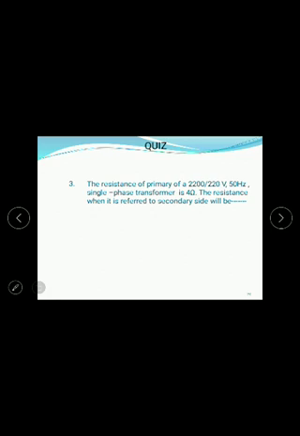The total resistance on the HV side is, so here do the problem and we'll get the answer. It is 24 ohms. And for a 2200 by 220 volts single phase transformer with primary resistance of 4 ohms, the resistance when referred to the secondary side will be, so which is the answer? This is the answer.